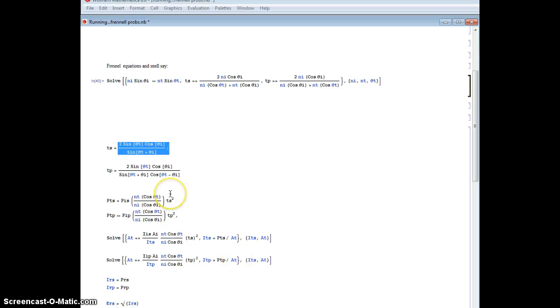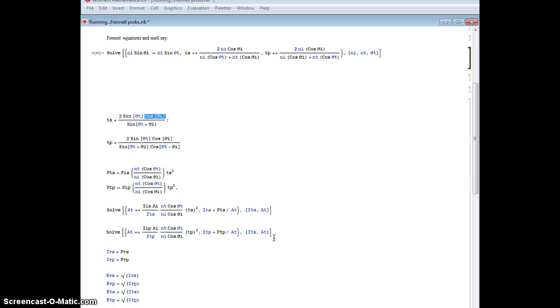We could probably simplify some things, I'm sure, but I'm going to let Mathematica handle the complication. Like I know that'll cancel. Anyway, then we have I_TS equals P_TS over A_T. That's just saying intensity is power over area, and we're looking for I and A, because we have to find that.